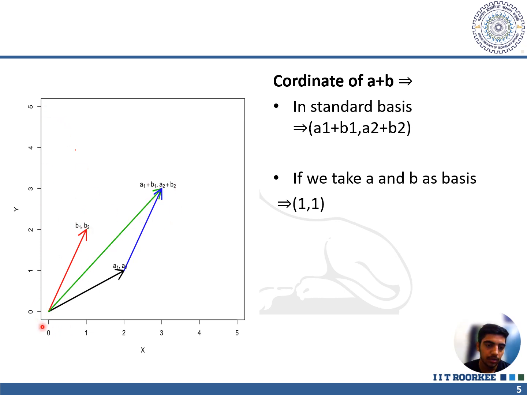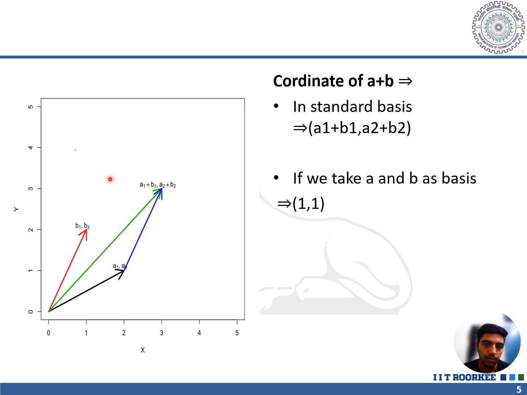In the Cartesian coordinate system, if vector a has two components a1, a2 and b has b1, b2, then after adding we get a1 plus b1 and a2 plus b2 as the components of vector a plus b. If we take the standard basis, that means (1, 0) and (0, 1), we will find that the coordinates of the vector a plus b are a1 plus b1, a2 plus b2, which is also visible in this figure.